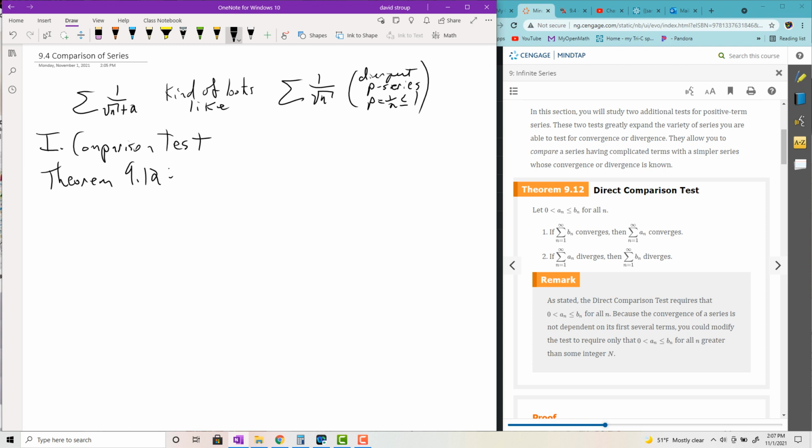Basically you have two series that you're dealing with, and the terms of the series are all positive. Then you could say, first, if the series with the bigger terms converges, it will force the series with the smaller terms to converge.